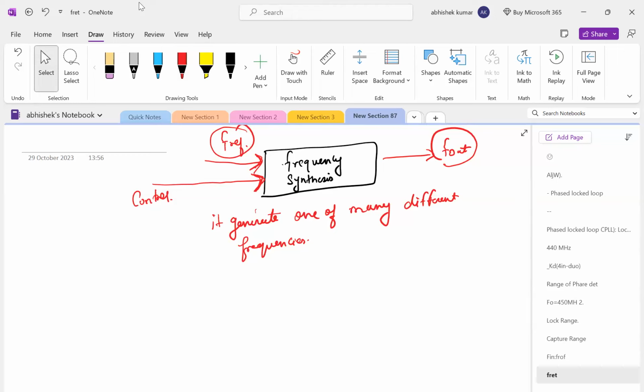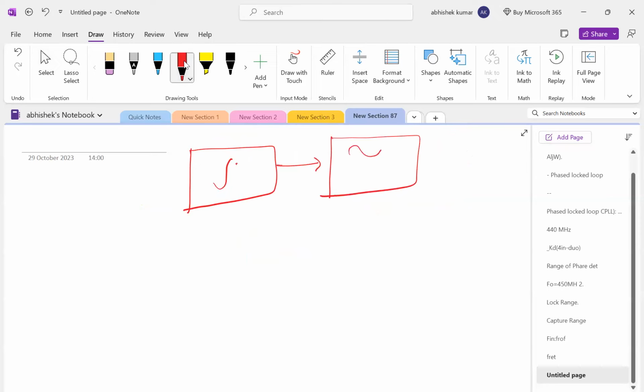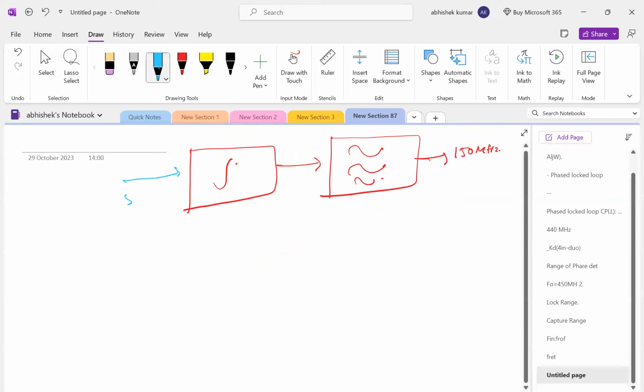The direct method generates the desired signal digitally. Here our reference is 50 megahertz and we are getting an output of 150 megahertz.